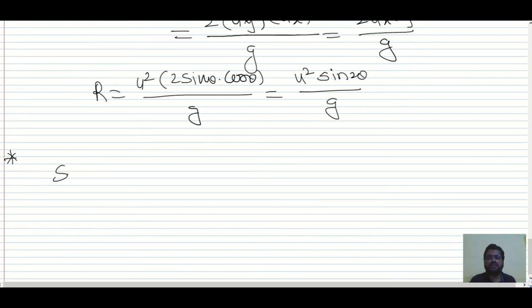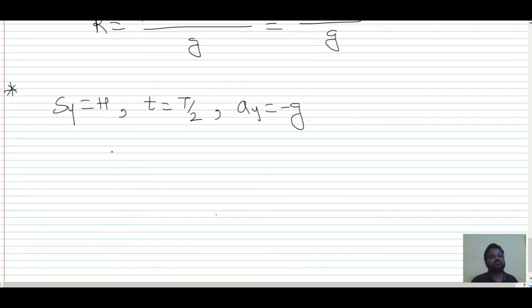For maximum height, we'll apply Sy, and that is equal to h. For the maximum height, we have the time of ascent. That time we can write as capital T by 2, and the acceleration along the vertical direction is minus g. So now we can apply the second kinematic equation along the vertical direction.